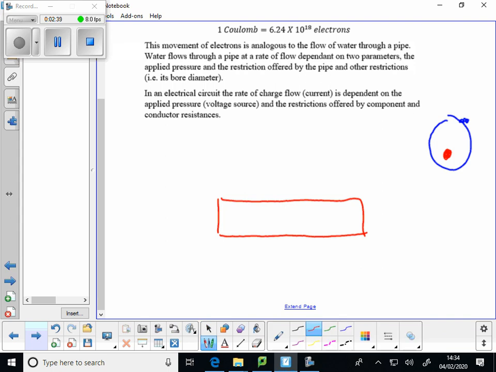So if we've got a load of copper atoms in here, with their associated electrons spinning around the outside. This is without any added battery or voltage at the moment.